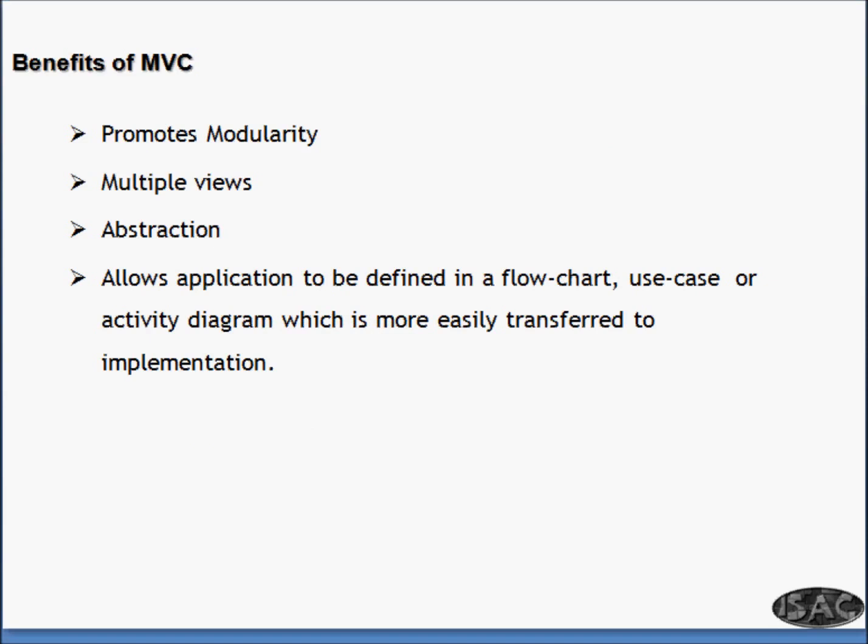So we have a modular approach, right? Multiple views, abstraction, allows the application to be defined in flow chart, use case, activity diagram, which is more easily transferred to implementation. So it is giving a more modular approach and clarity.